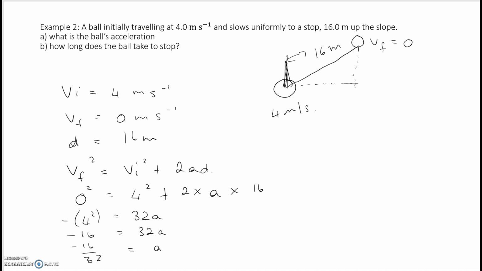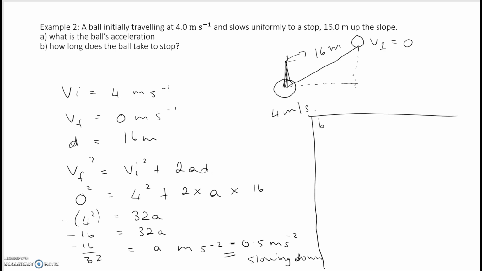And that will be in meters per second squared, and that will equal negative 0.5 meters per second squared. So it's slowing down, which is what we'd expect. We'd expect the ball to slow down as it went up the slope.